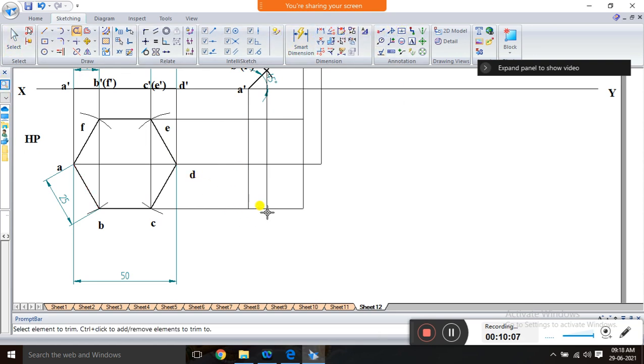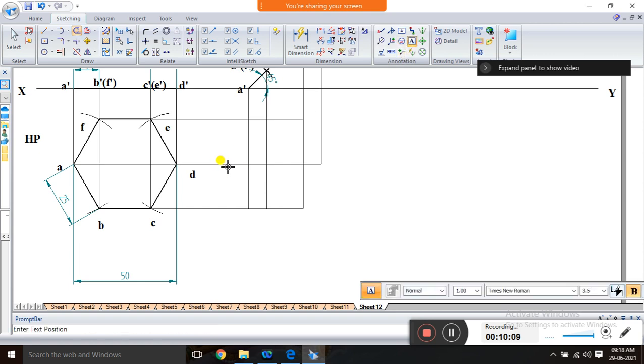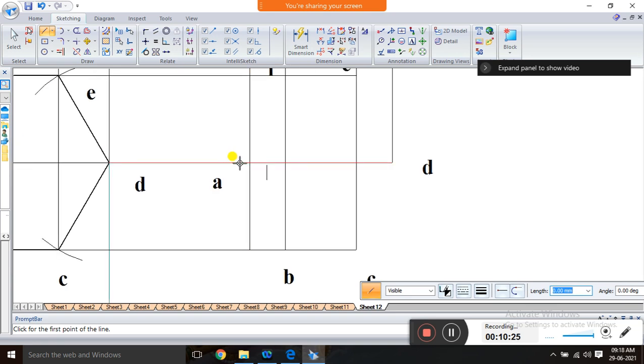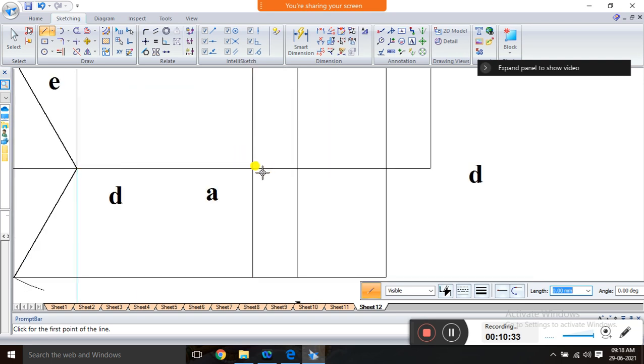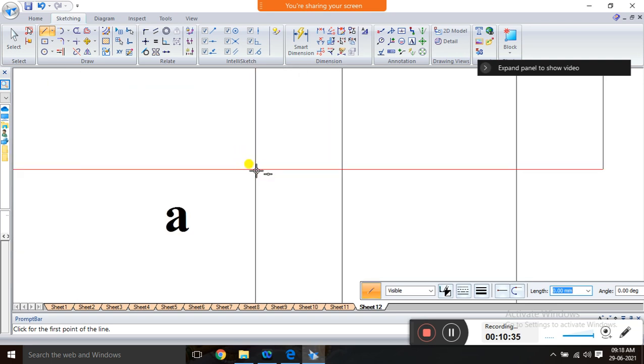Then you can name them. This is A, this one is B, this is C, this is D, E and F. And finally use the scale and pencil from point A. So exactly the intersections you have to consider.